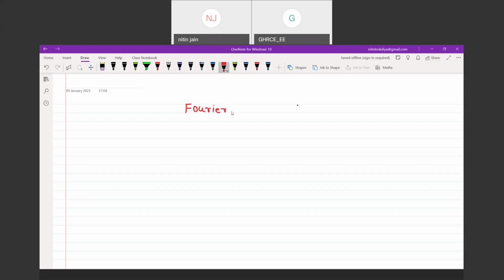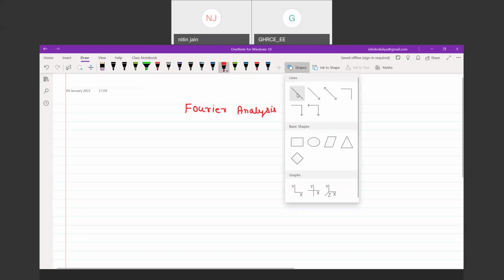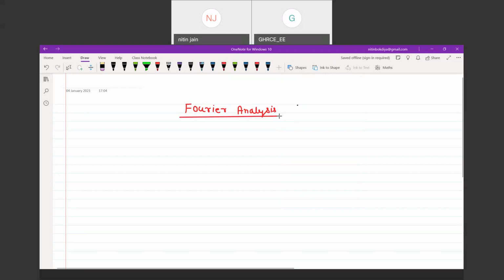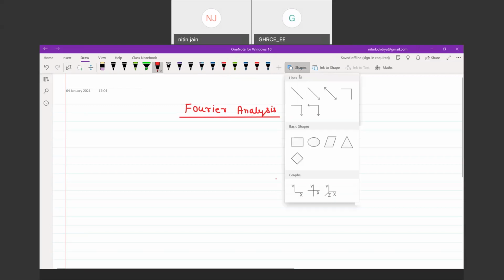Today we will start with Fourier analysis. So there are two types of Fourier analysis.